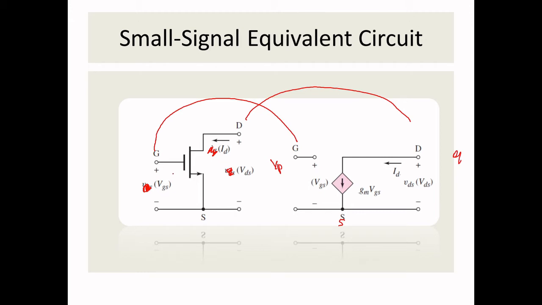Your MOSFET is something like a voltage controlled current device, like a gm. What is gm? The change of ID with respect to the change of vgs. So from this, ID equals gm into vgs.